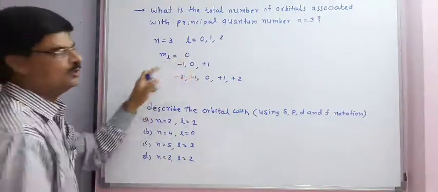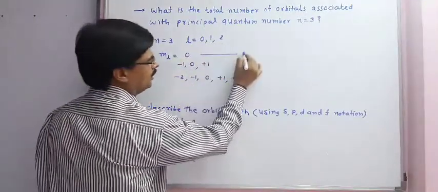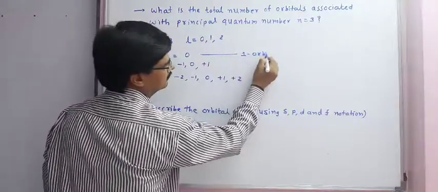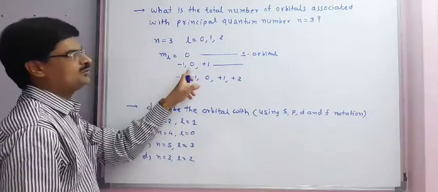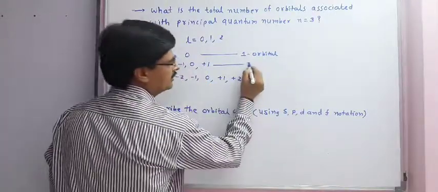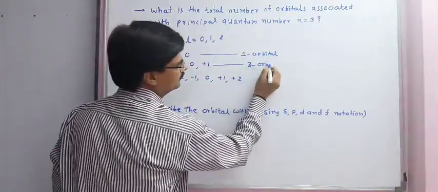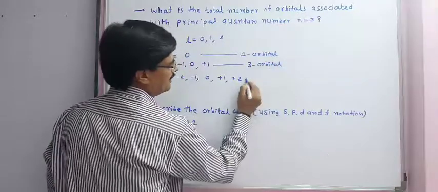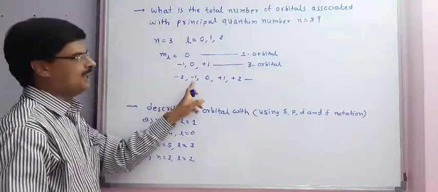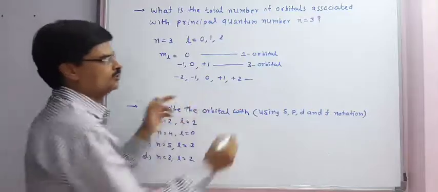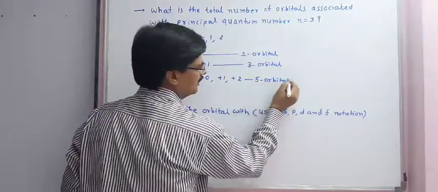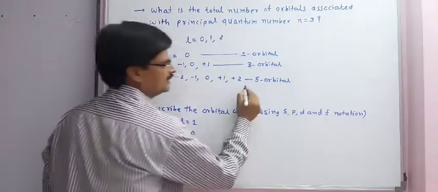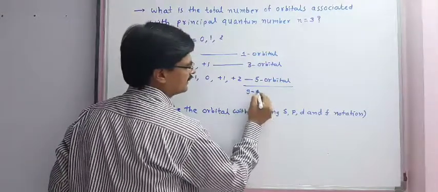So for 0 we have 1 orbital, for minus 1, 0 and plus 1 we have 3 orbitals, and for minus 2, minus 1, 0, plus 1 and plus 2 we have 5 orbitals. It means a total of 9 orbitals are present.